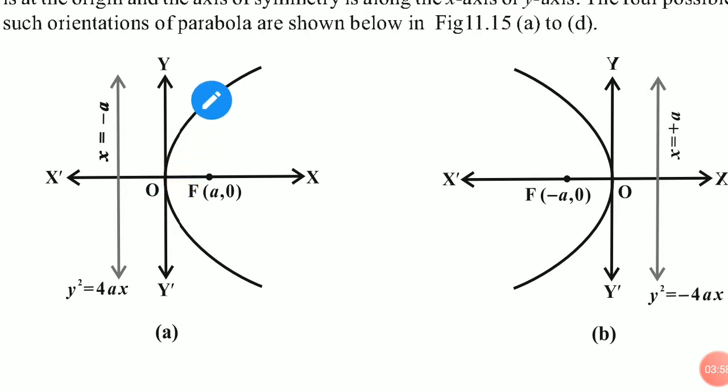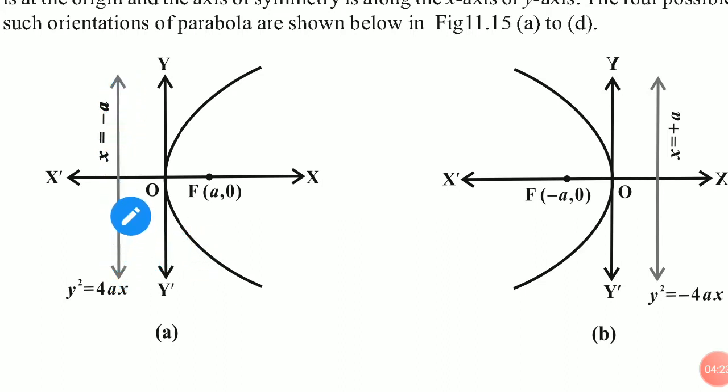This is the positive x-axis, this is the negative x-axis, this is the positive y-axis, and this is the negative y-axis. In this diagram, the focus is on the positive x-axis, suppose given coordinates a, 0. This is one possible way to draw a diagram, and this is the directrix.